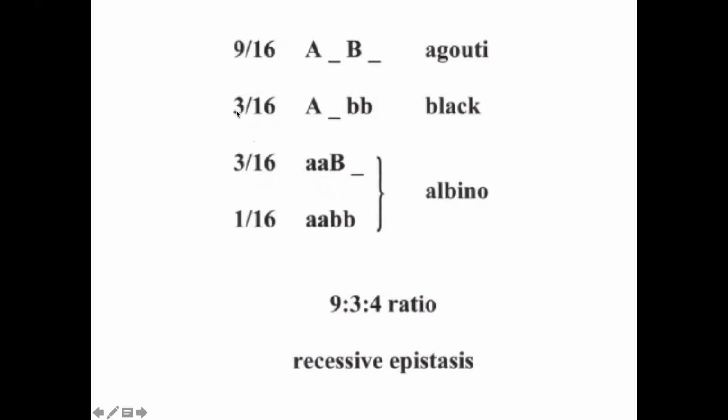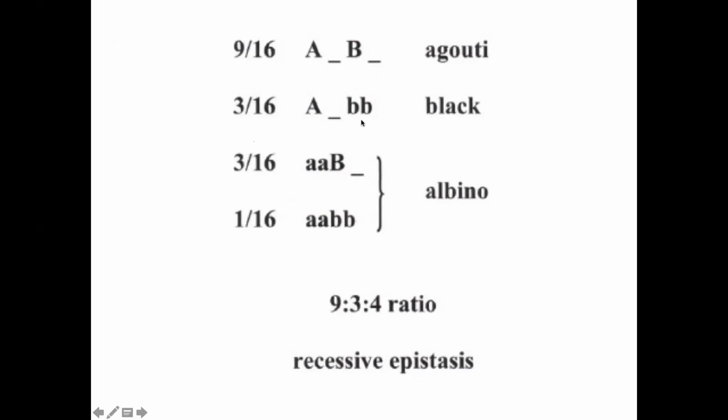Here's 3/16 that are black. And then if you group these two phenotypic classes together, and all three of those genotypes together into a single group, you would then have the 4/16 of the population that were albino. So what they were saying is that these four genotypes that fall within this phenotypic class of dominant were agouti.